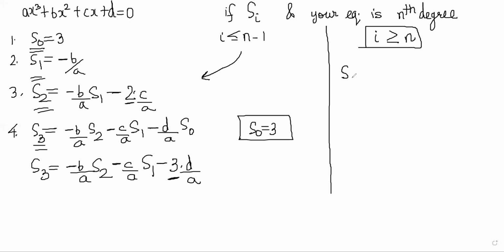You can just say Si will be equal to minus b by a Si minus 1 minus c by a Si minus 2 minus d by a Si minus 3 and so on, right?